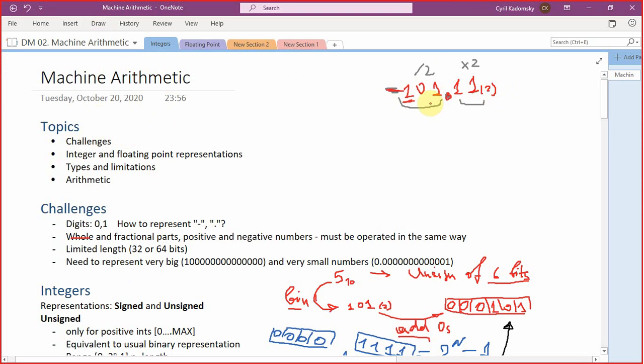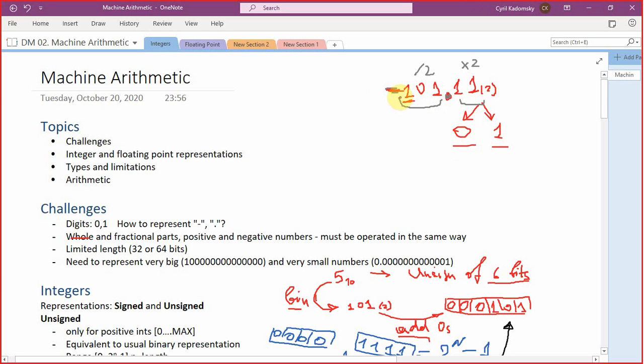Although the digits are just zeros and ones in binary, those digits are easy to represent in the computer, because 0 would be electricity turned off and 1 would be electricity turned on. But we had a big problem: what to do with a minus and a dot. We can't have other options for turning electricity on and off, just two options are available. So all information in our number must be somehow represented with zeros and ones. That was actually the first challenge.